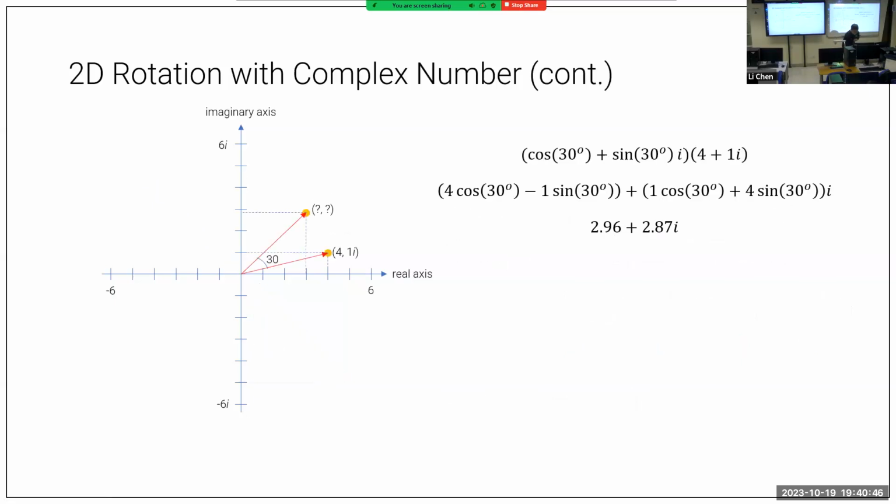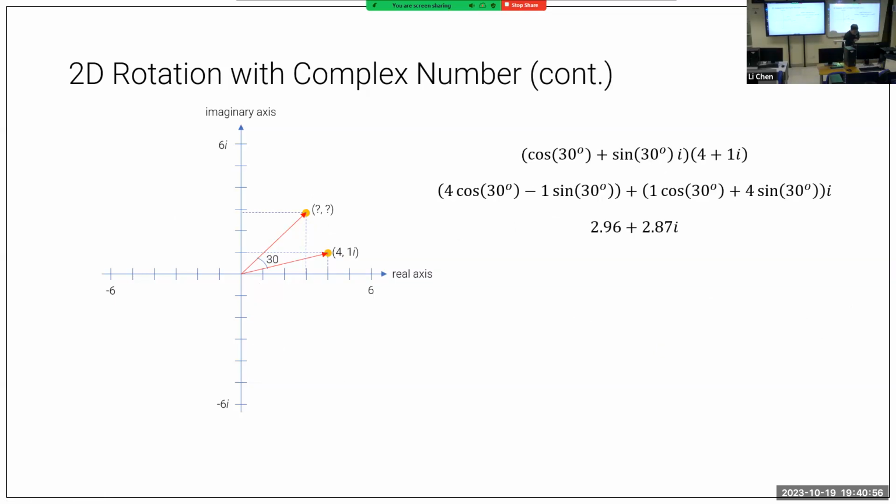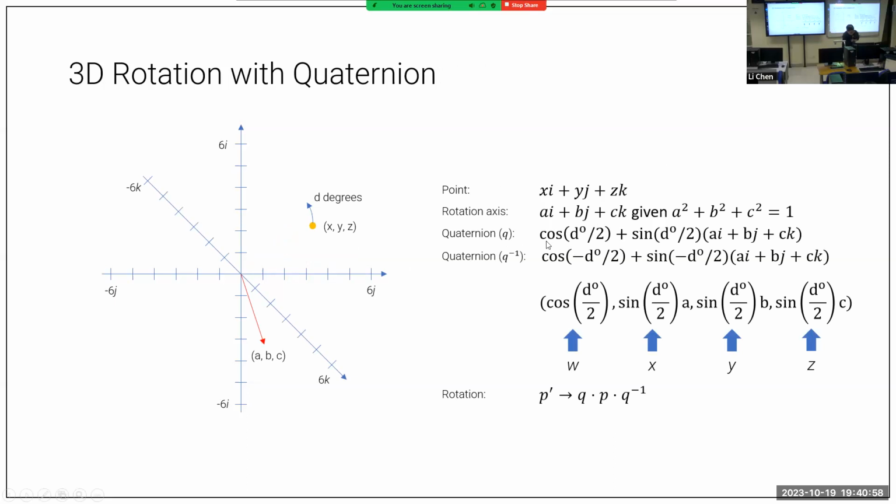Let me go back to here. You have cosine D plus sine D times i, where i is the imaginary axis. We can do exactly the same thing. We have cosine D. I will talk about why we have D divided by 2 later on. We have cosine D here and sine D here.